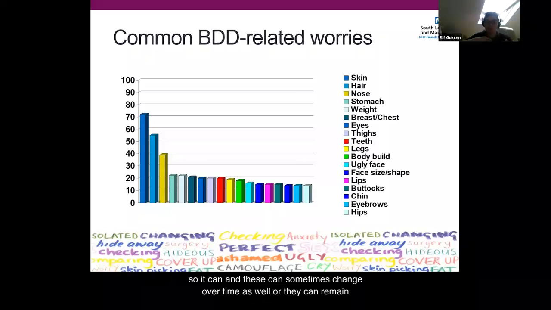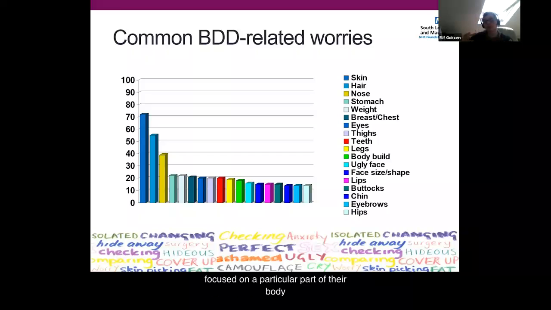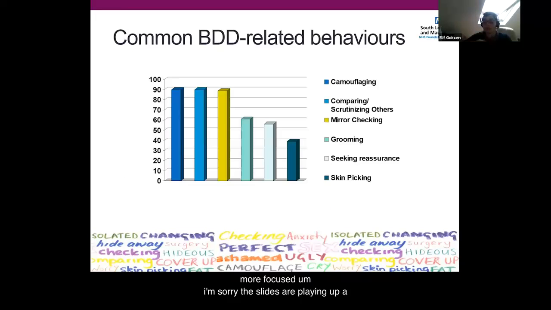These can sometimes change over time, or they can remain quite focused on specific worries. We know that for some people, the worries might be more focused on a particular part of their body, so it might be the size or shape of their shoulders, or their nose, for example. So it can feel different to having lots of worries, but more focused.